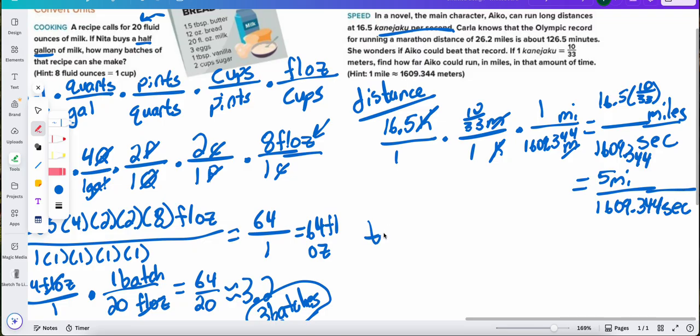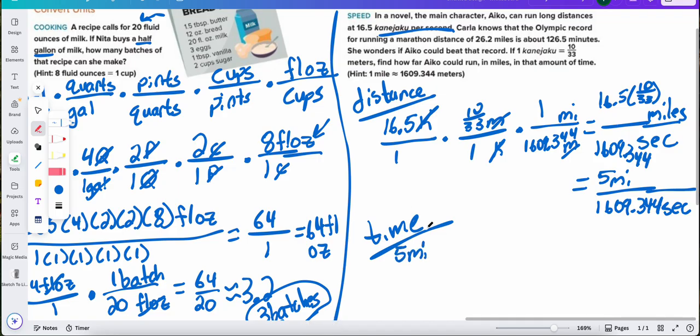Now we can use that to convert our time. Okay. So we rewrite that of 5 miles over 1,609.344 seconds. For our time, we are trying to convert seconds to minutes. So we would multiply.